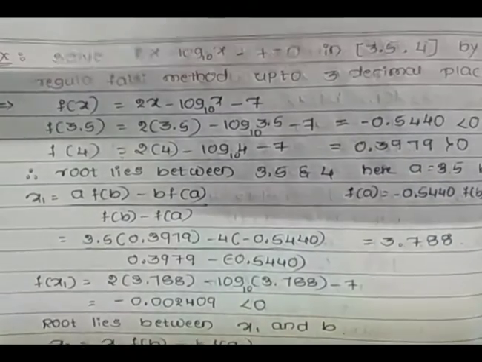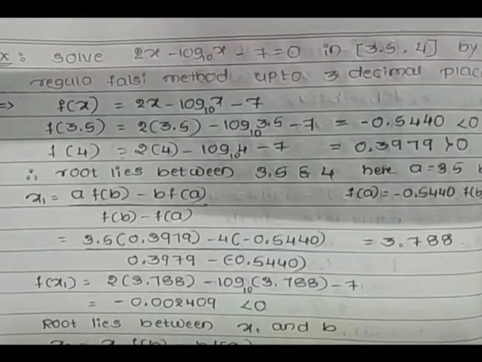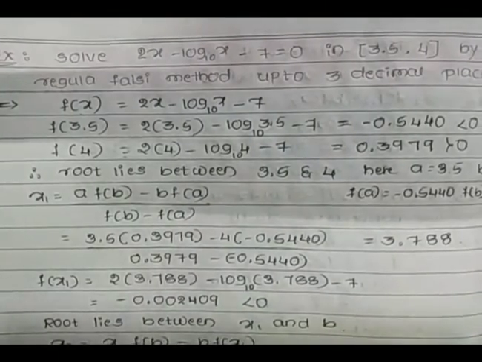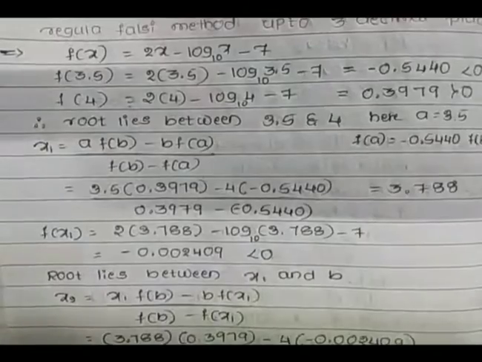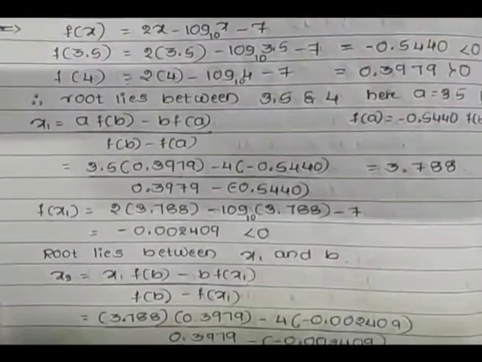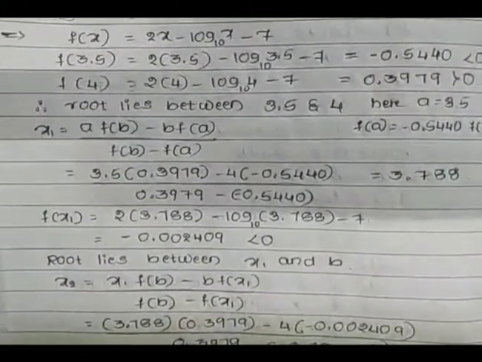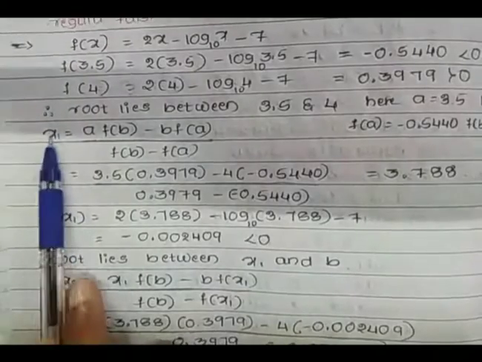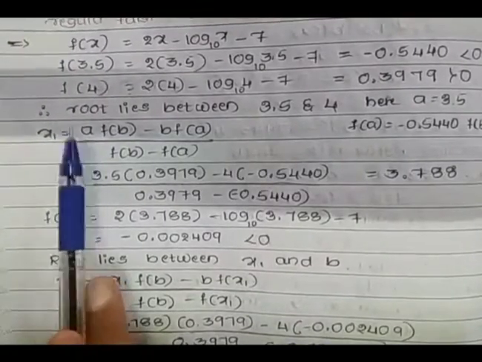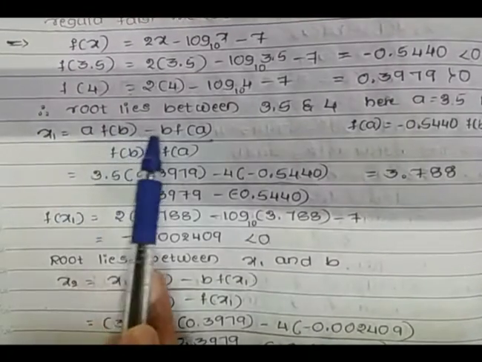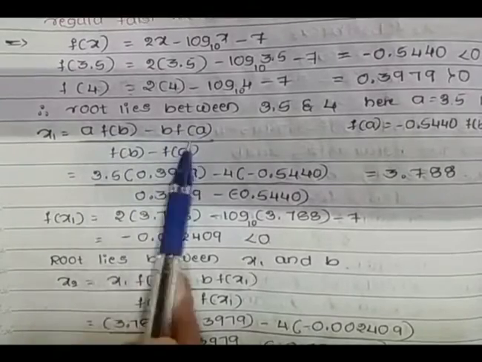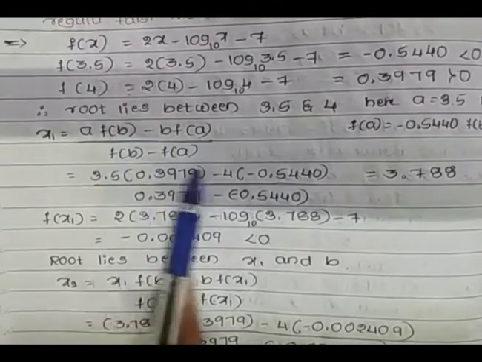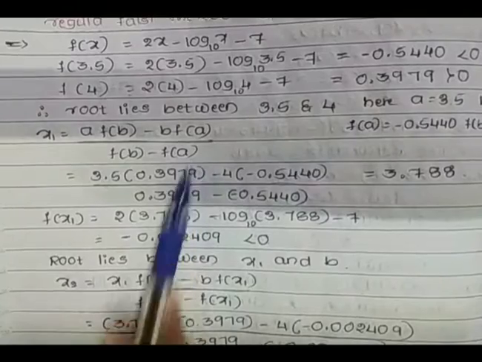Then next, in the regula falsi method, to calculate the first approximation, second approximation, third approximation and so on, we always use a particular formula. So here, to calculate x1, we have a into f of b minus b into f of a, divided by f of b minus f of a.